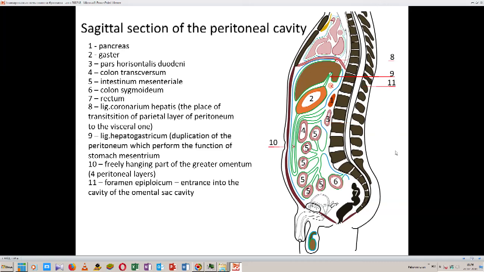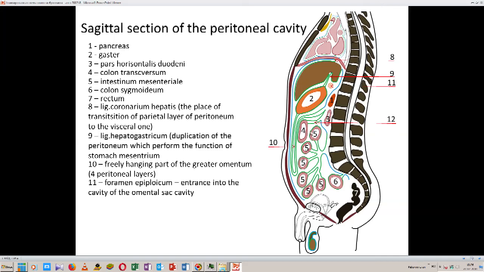Very interesting that when we covered all the loops of large and small intestine, again, I'd like to show it. You can find here another two-layer structure.